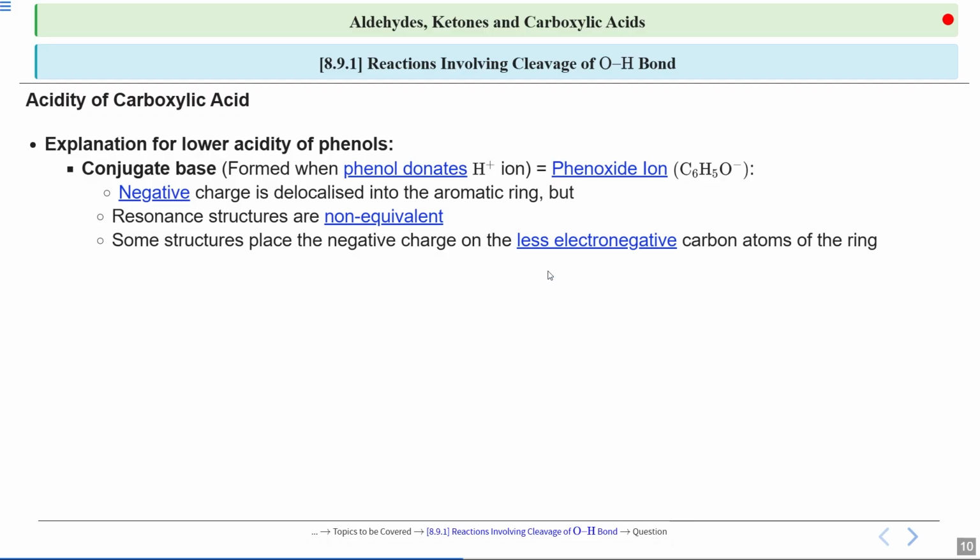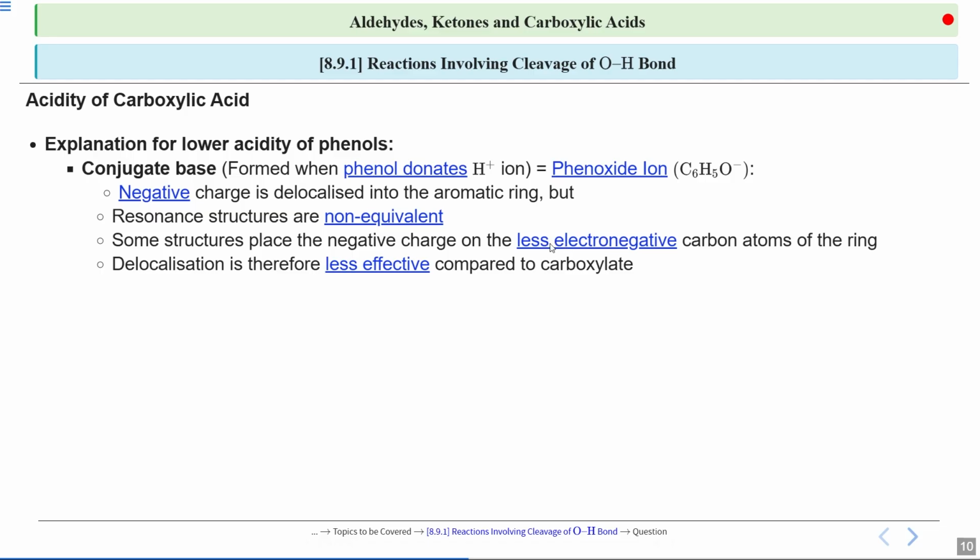This is not ideal because carbon does not hold negative charge as effectively as oxygen can, because carbon is less electronegative.